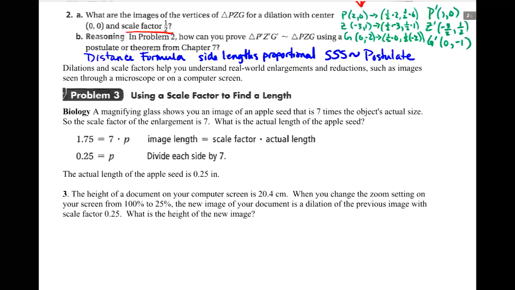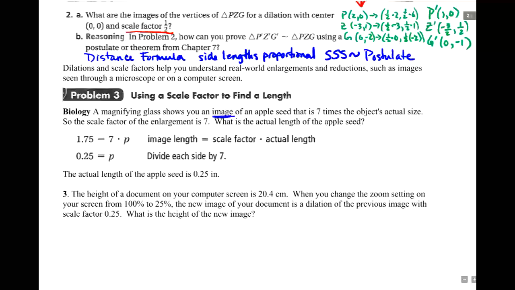Okay, let's look at our last example here. This says real-world problems, such as things that we see through a microscope, that would be an enlargement, or things that we see on our computer screen, that would be a reduction. So how do we use scale factor to find a length? If a magnifying glass shows you an image of an apple seed, so the magnifying glass shows you the image of the apple seed.